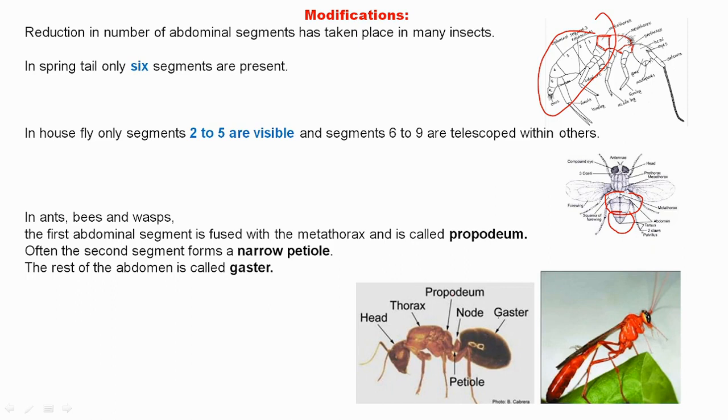In ants, bees and wasps, the first abdominal segment, which is fused with the metathorax, is known as the propodeum. The second abdominal segment is known as the petiole, and the rest of the abdomen is known as the gaster.